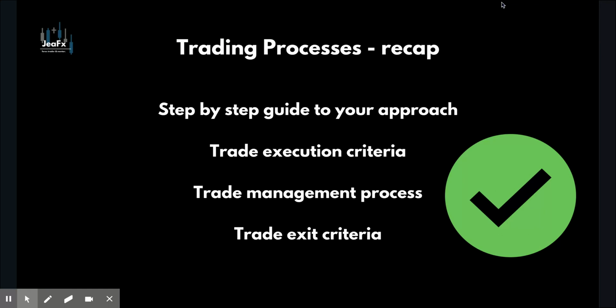And then trade exits as well, okay? What criteria are we going to follow to actually get out of trades when they go south? What criteria are we going to follow to get out of losing trades without taking significant hits and without breaking our risk management strategy? And what criteria are we going to follow when a trade is winning to take off portions of profit and secure profits as we go, right?